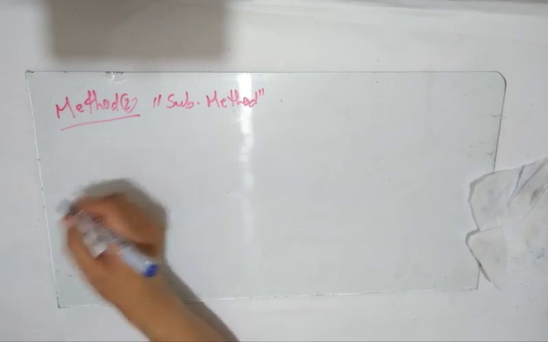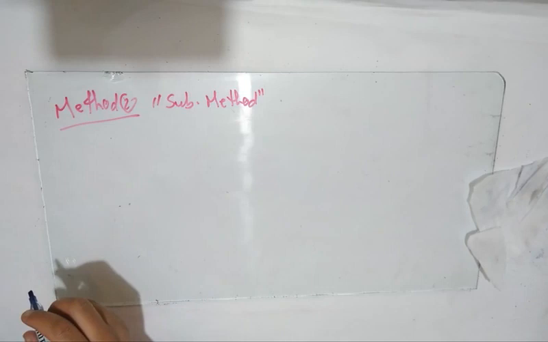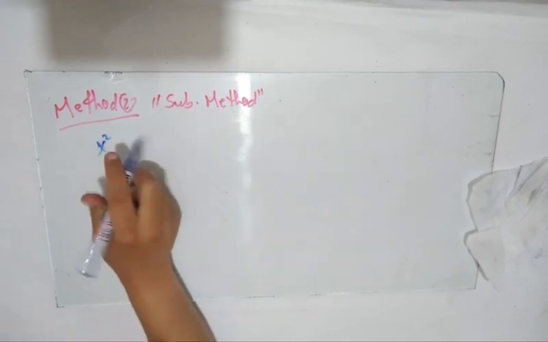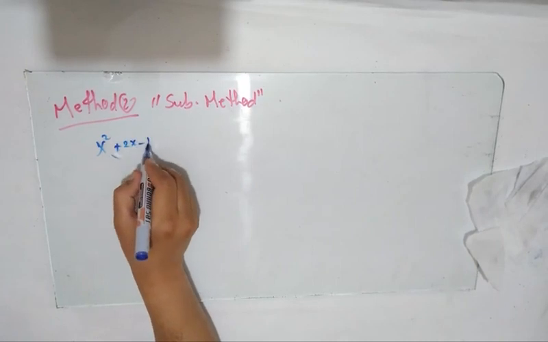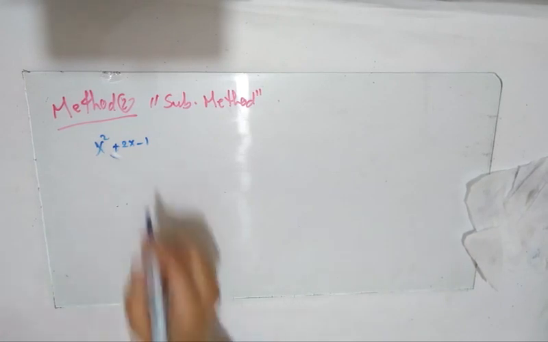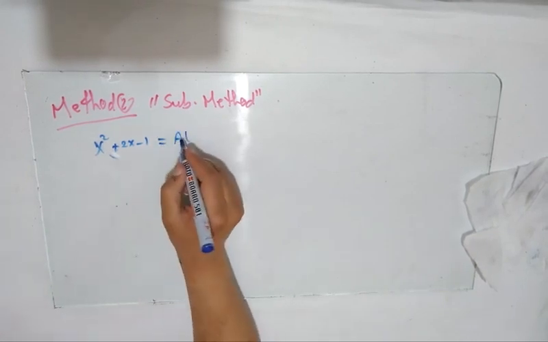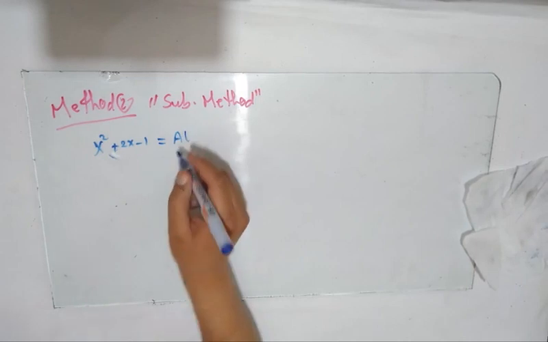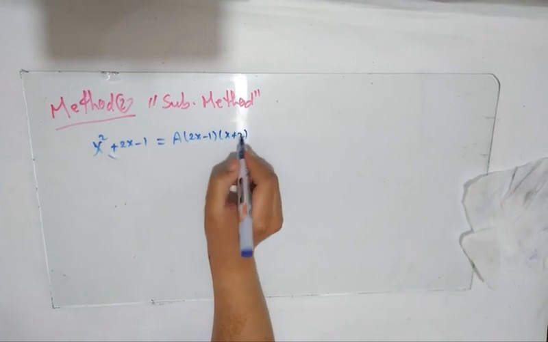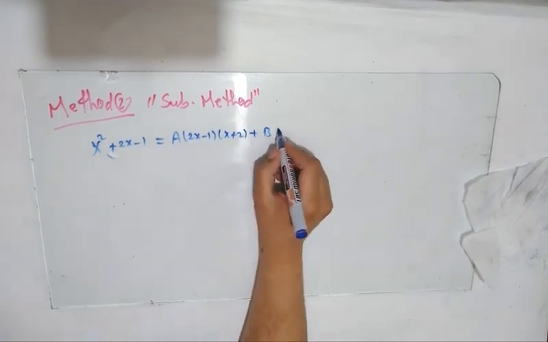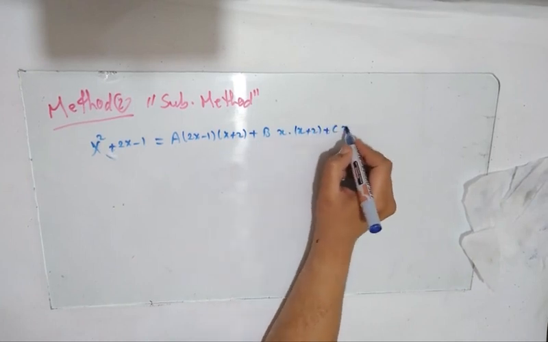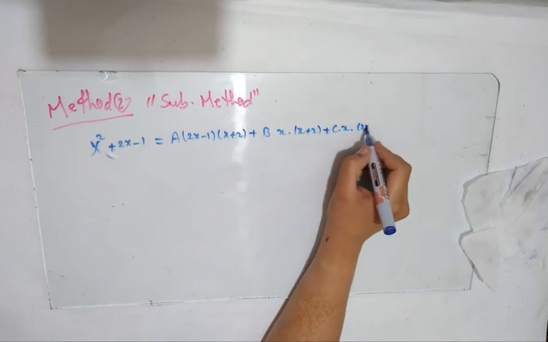So we reach this equation, which is x squared plus 2x minus 1 equals a times 2x minus 1 times x plus 2 plus b times x plus 2 plus c times x times 2x minus 1.